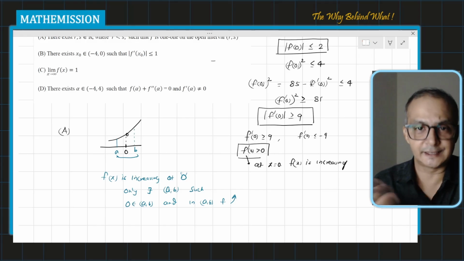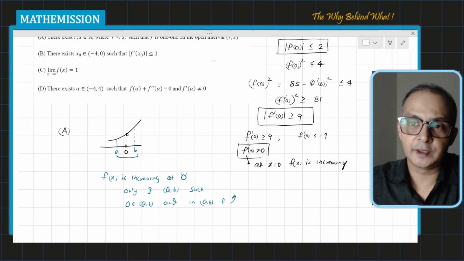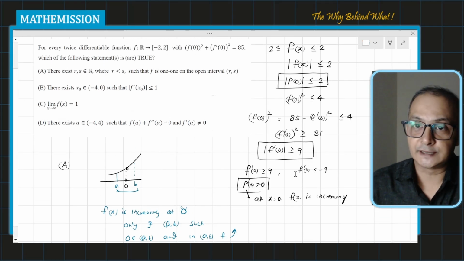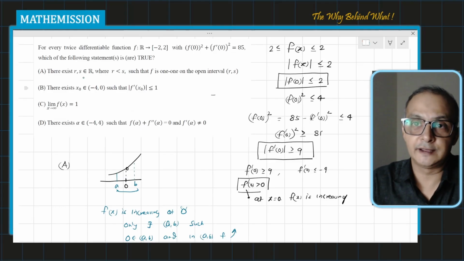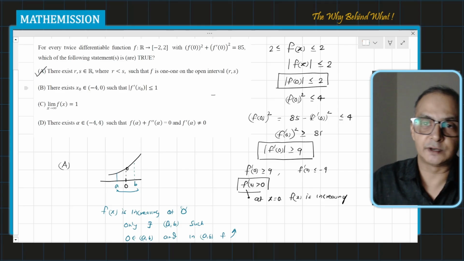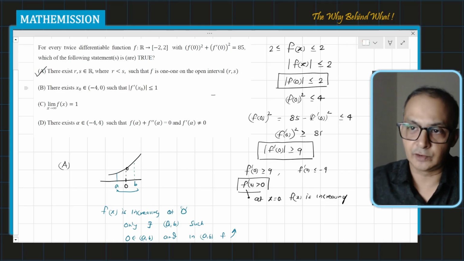It means there is an interval a to b in which the function was increasing. That's why by the definition we can say that yes, we have such values of r and s belonging to the real numbers with r less than s in which the function is 1-1, and it comes from this increasing definition. So this statement is absolutely correct.